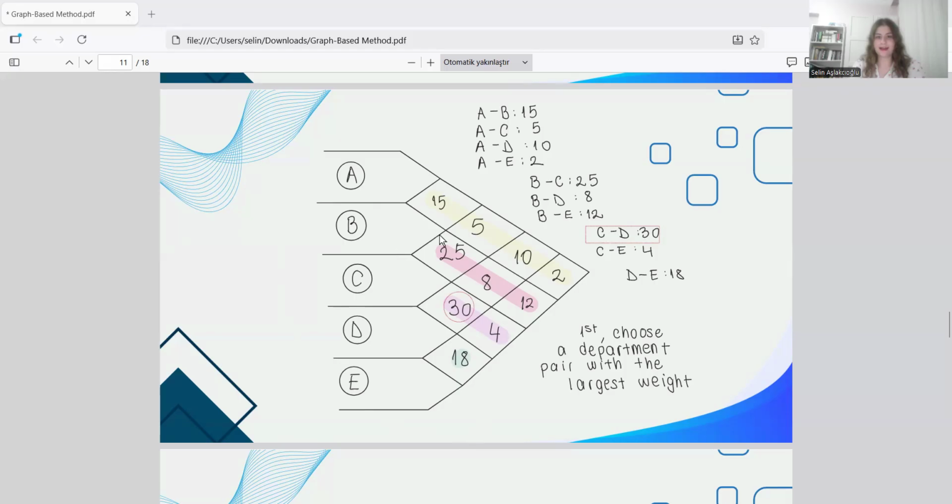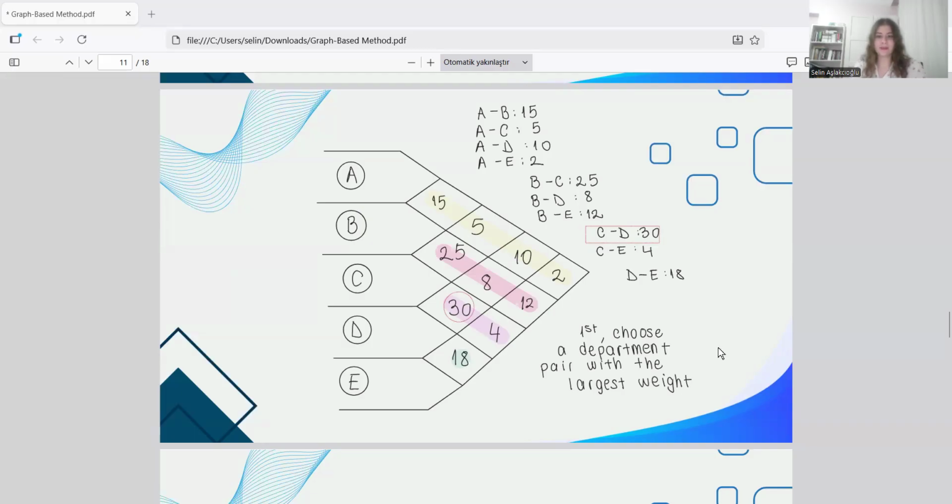B and C have the score of 25, B and D have the score of 8, B and E have the score of 12, C and D have the score of 30, C and E have the score of 4, and D and E have the score of 18.